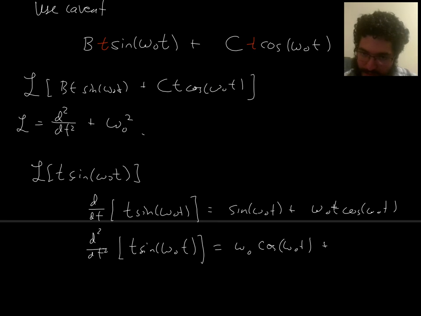When I do the product rule to take the derivative of this, one of the terms is just going to be omega naught cosine omega naught t, right? So I get two of these actually. And then the other term is negative omega naught squared t sine omega naught t.